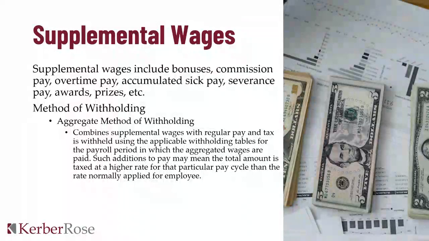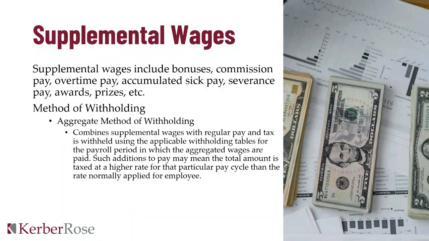Next topic, supplemental wages. Supplemental wages include bonuses, commission pay, overtime pay, accumulated sick pay, severance pay, awards, prizes, etc. We have a couple methods of withholding for these supplemental wages. There's the aggregate method of withholding that basically combines that supplemental wage with their regular pay.